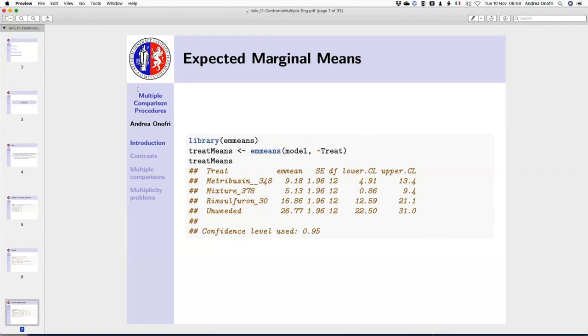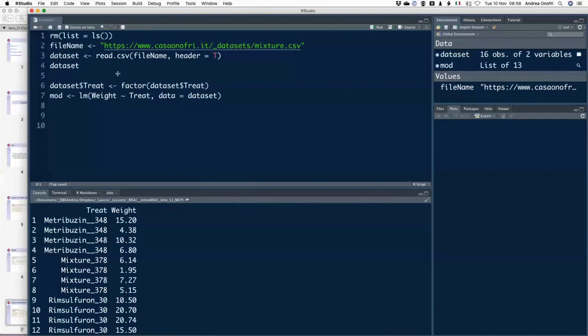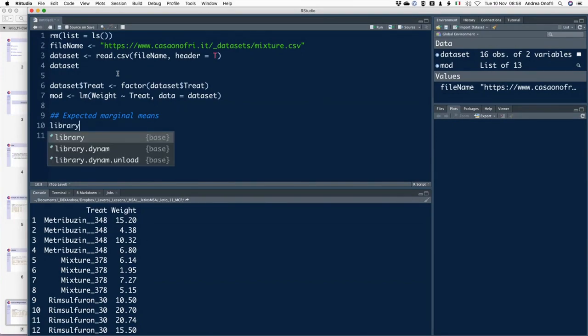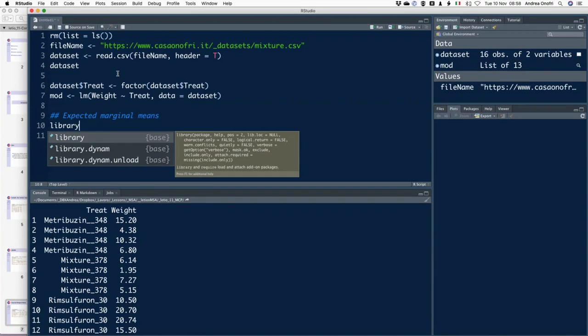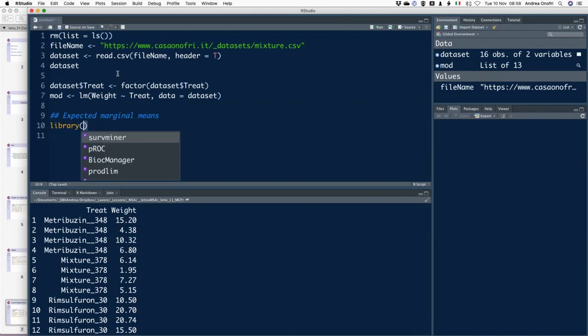Now, first of all, we calculate the expected marginal means. To do so, we need to load the emmeans library, because we have already installed it, I expect.